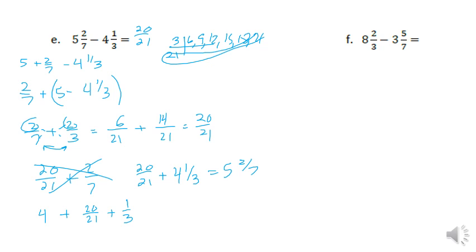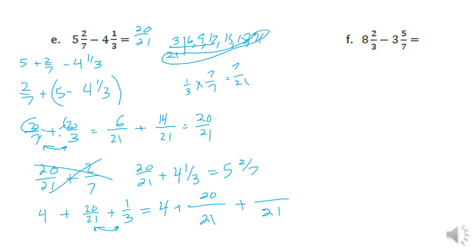Now, when I'm looking for a common denominator on this, if I have 3 and 21, if I skip count by 3s, we'd see that 21 would be our least common multiple. And if we multiplied between these two, we'd end up with 63, and that'd be a pretty large denominator to be working with. So now we got 4 plus, and I'm going to create equivalent fractions here, which we know is 21 over 21, and the 20 stays the same.